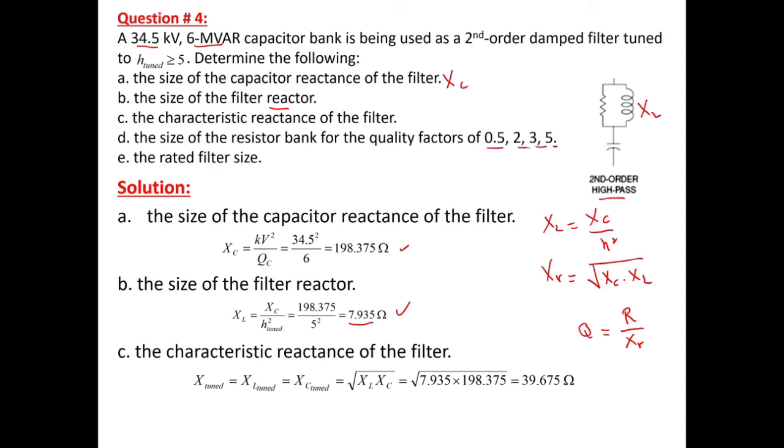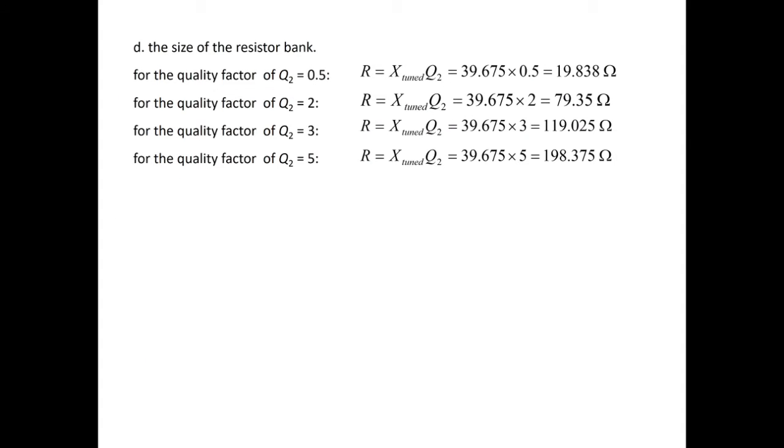We have a number of Q, then we can find the value of R for each Q. So 39 times 0.5, depending on the quality factor, and that will give us the value of the resistance.